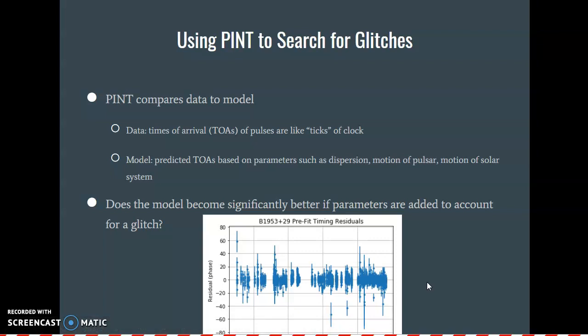So to figure out whether or not a pulsar has a glitch, we test whether or not the model becomes significantly better if we add the parameters describing the glitch versus without those parameters.